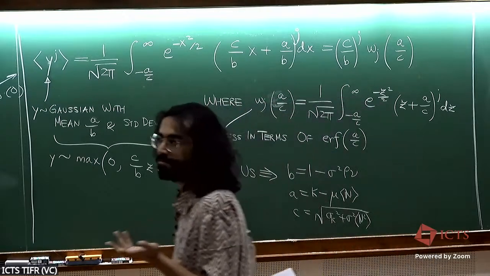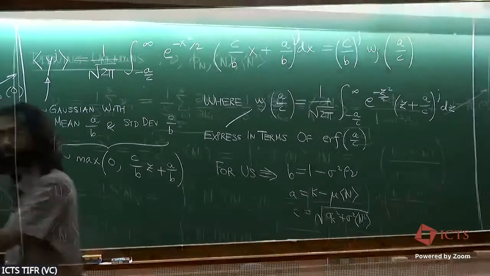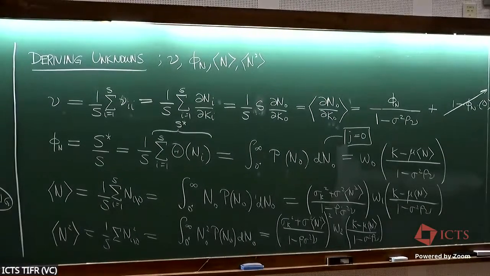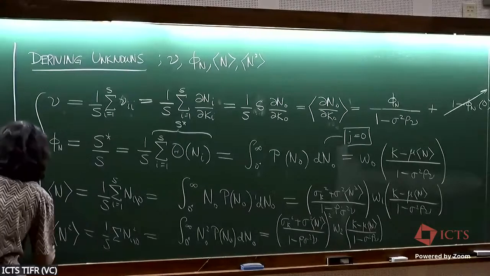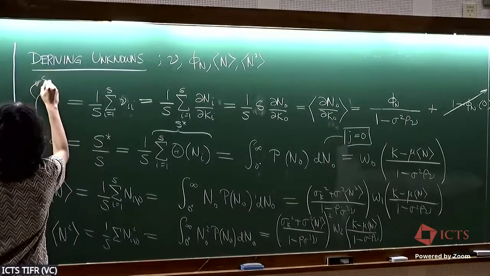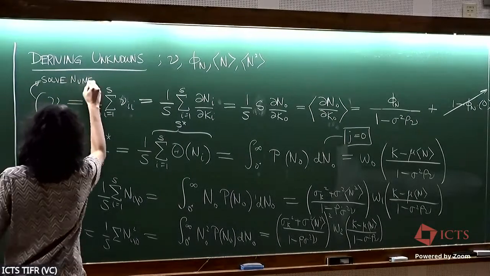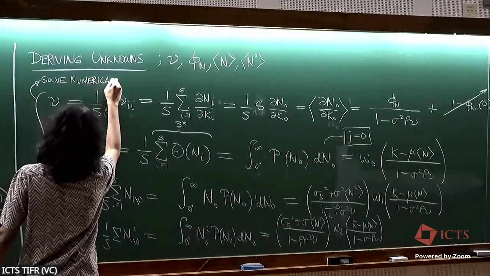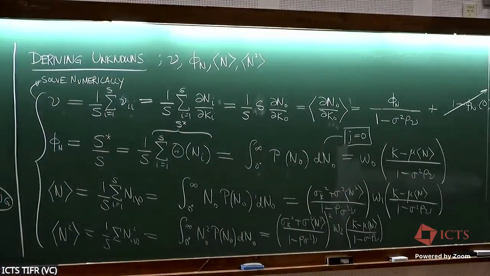Numerically, I mean, of course, x equal to 0 you can get by inspection. So yes, these are four equations and four unknowns which you can solve numerically. I'm not going to do it in class, for lack of time. But if you've never solved these kinds of equations numerically, it's a fun exercise.